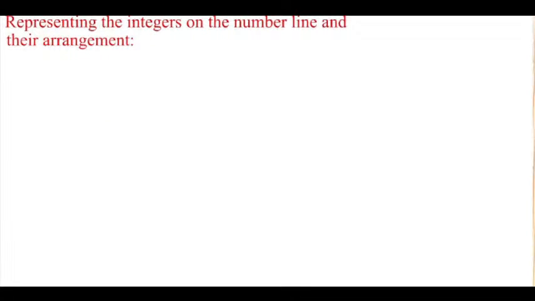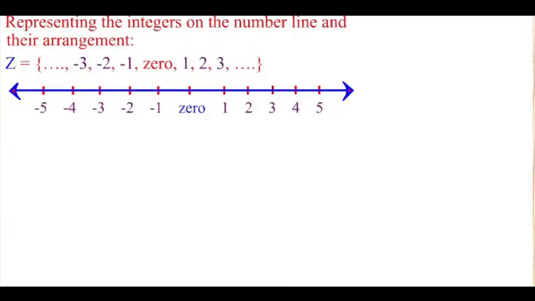We know that Z equals dots, -3, -2, -1, 0, 1, 2, 3, and dots. And we can represent integers on the number line. Each number has a fixed point on the straight line, the number line. The arrow drawn to the right side means continuity of Z positive to infinity.